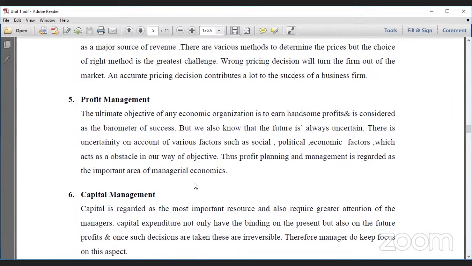Because when we study the theory of profit, we come across that profit is dynamic surplus. That means in a dynamic society, as we discussed in the last class, in a changing society, profit can be earned by the producers. But in a static economy, profit may be less.